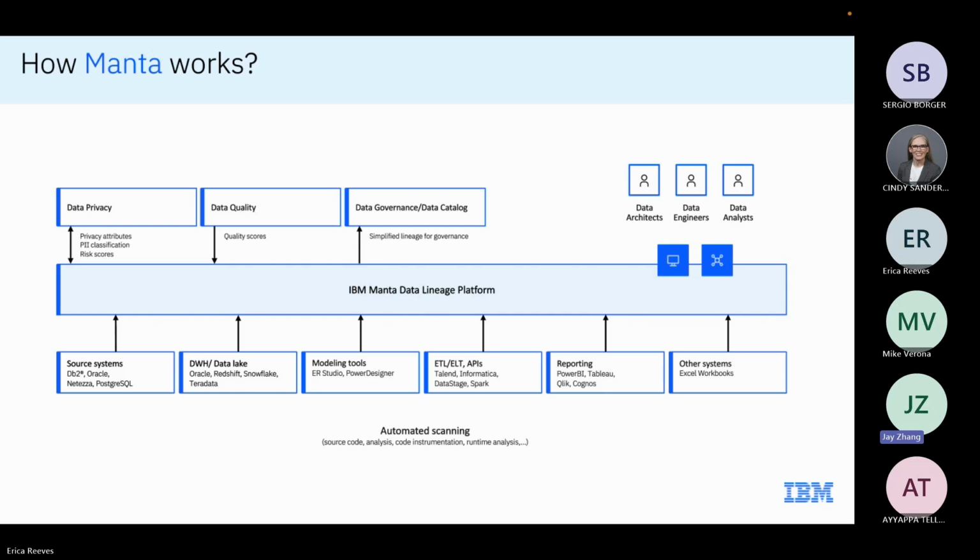There are offerings from Informatica and other vendors, which from a point product perspective, in the Gartner study, are really in a leadership position. So Manta is data catalog agnostic and can be integrated with a lot of different vendors, including some of our major competitors. That's why it's very important.